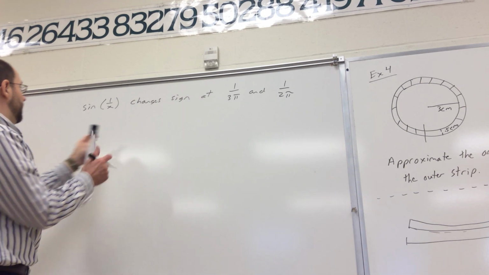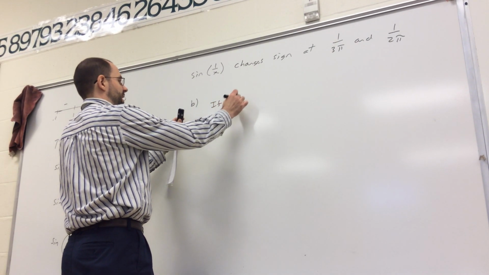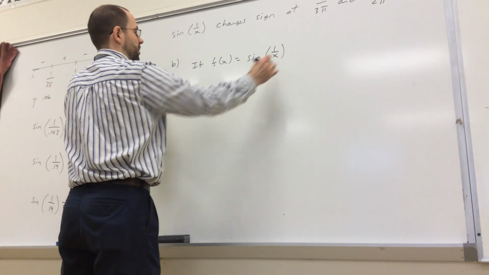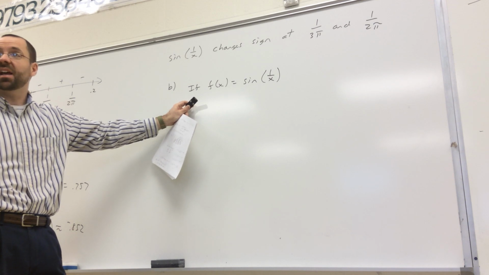Okay, so now I'm going to say, for part B, if f of x equaled the sine of 1 over x, what does our answer from A tell us?